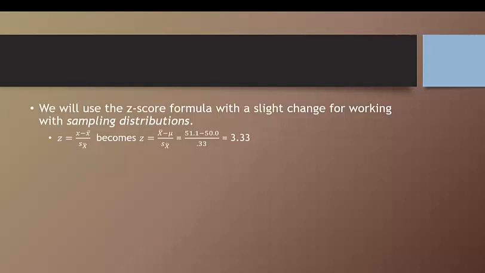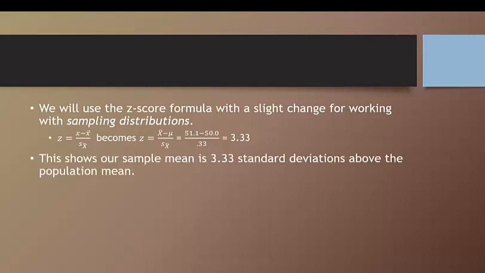So we have 51.1, that's what our 900 students scored, and we subtract our population mean from that, and we divide that by the standard error of 0.33, and we come out with a z-score of 3.33.